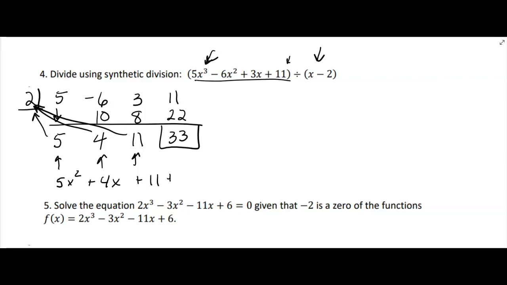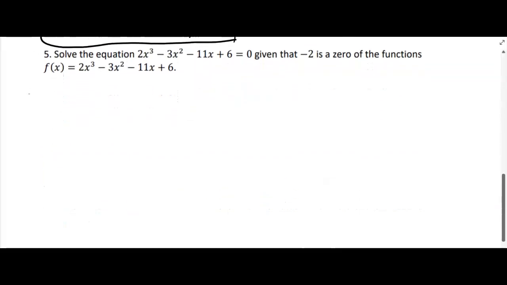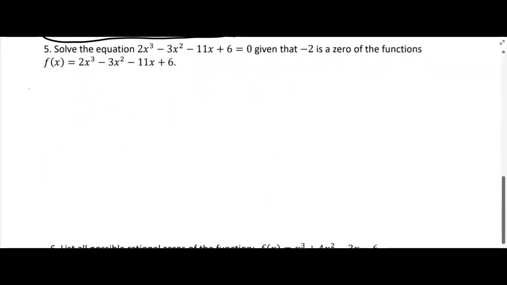Plus, and then you have to put the remainder, which is 33, and you're going to put it over the divisor, which is x minus 2. And that's the answer. It's the quotient. Wow. Okay, so hopefully you're loving synthetic division because it's a lot of fun. But that question is just seeing if you know how to do synthetic division, basically.